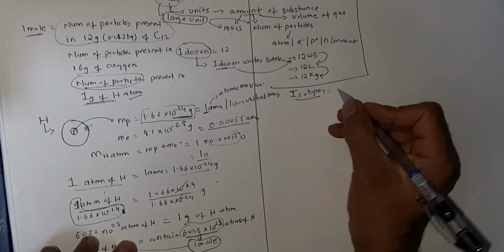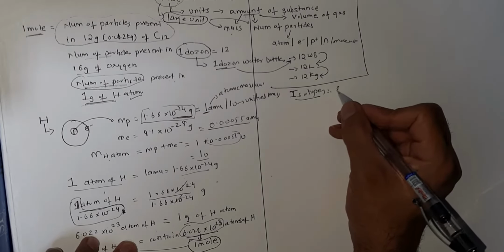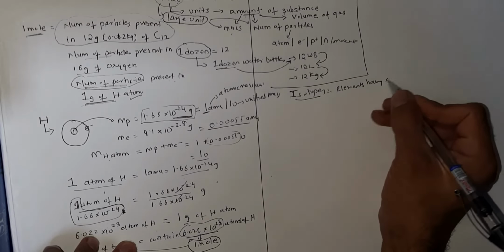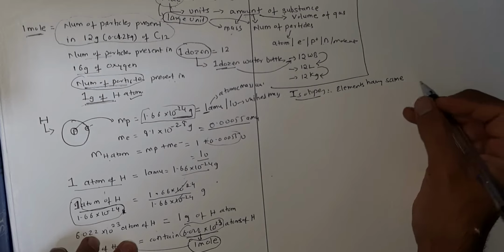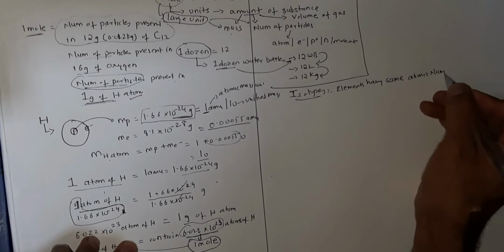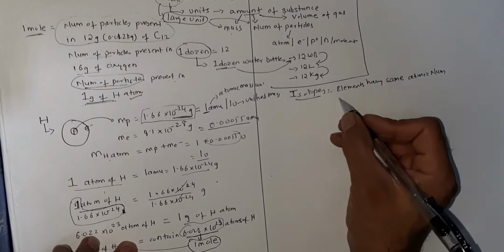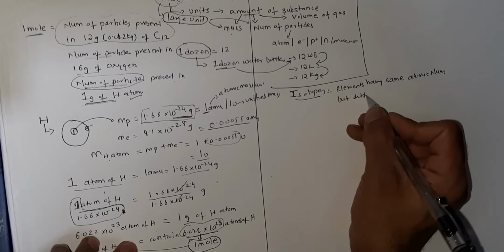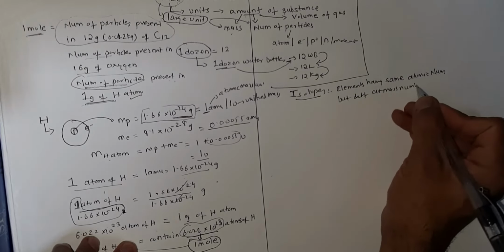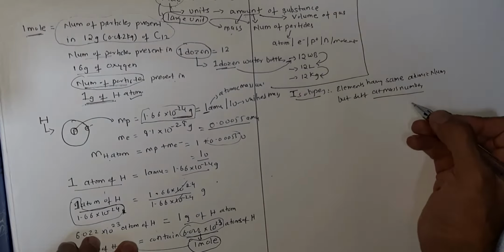Isotopes means elements having the same atomic number, meaning the same position in the periodic table, but different atomic mass number.